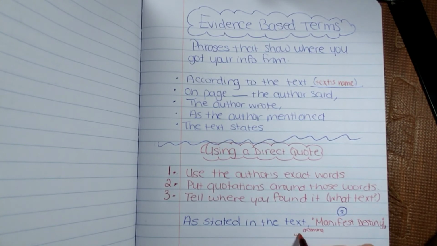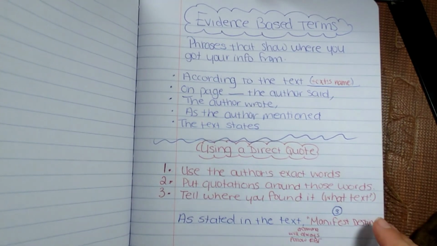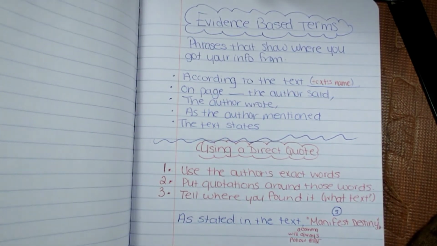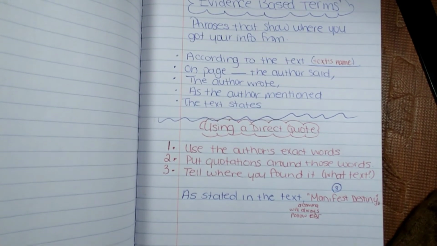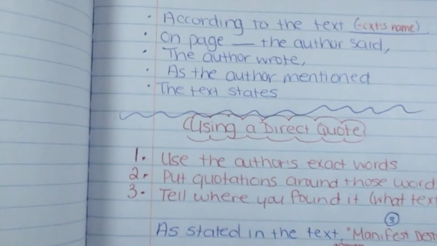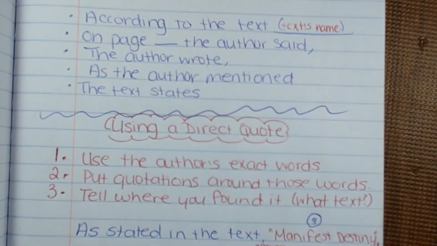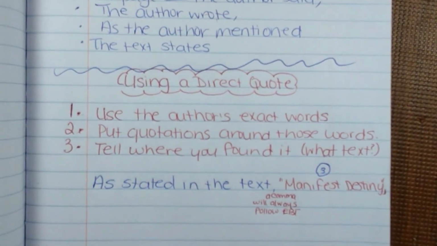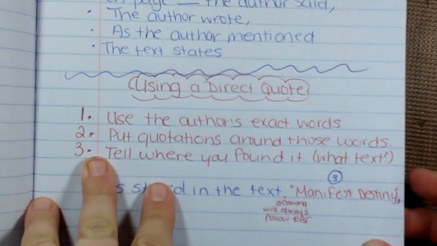A comma will always follow your evidence-based text. I'm going to put EBT for evidence-based terminology. Okay. I'm going to put this just a little bit like this and zoom in a little. See if we can put this to where we can, there we go.